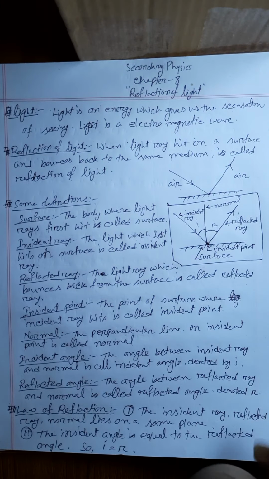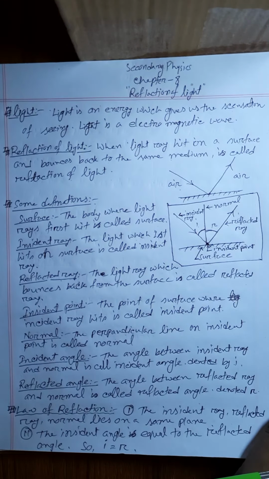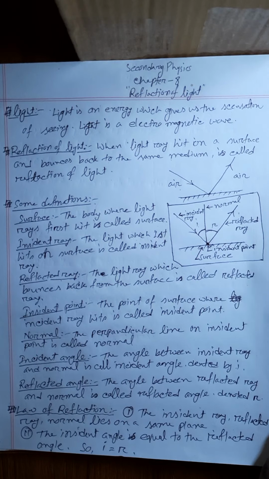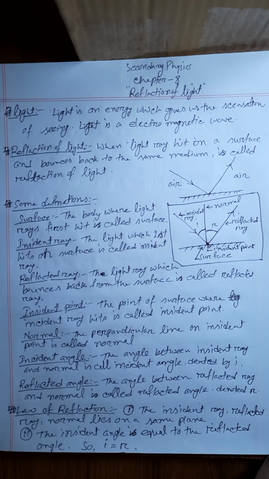Okay. And second, this is the very popular and well-known law: the incident angle is equal to the reflected angle. So this angle is equal to this angle, they must be equal. And that is the whole law of reflection.